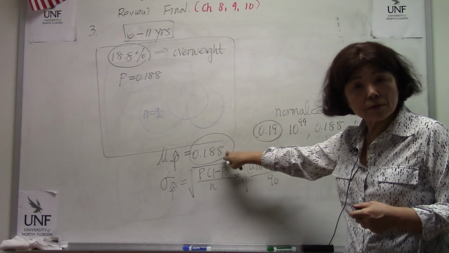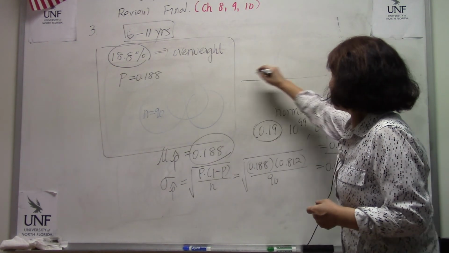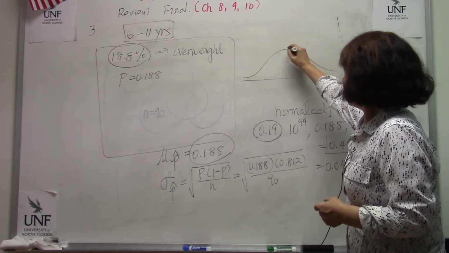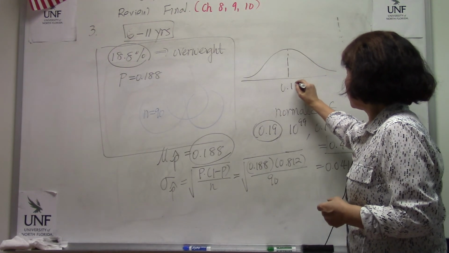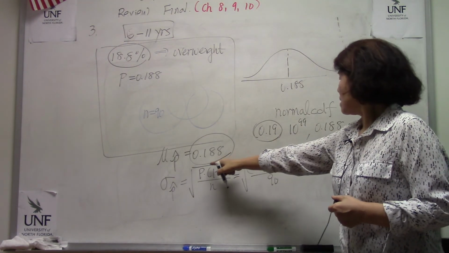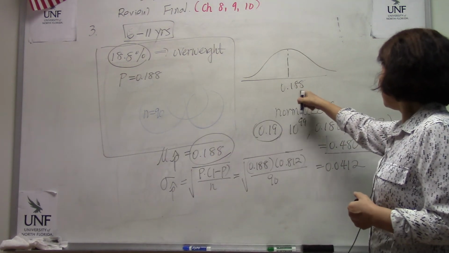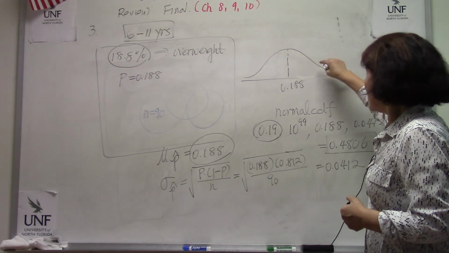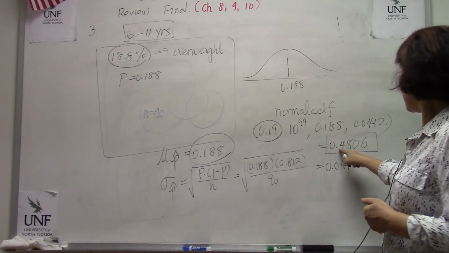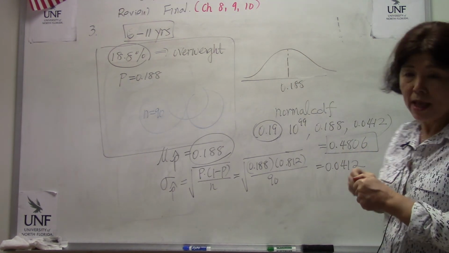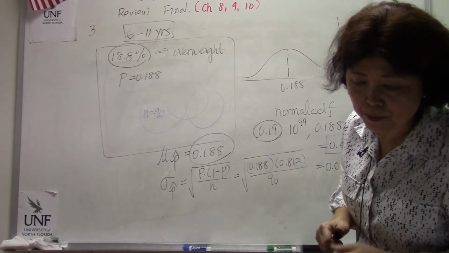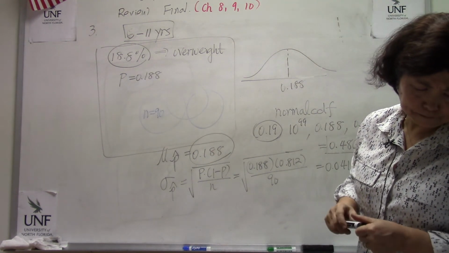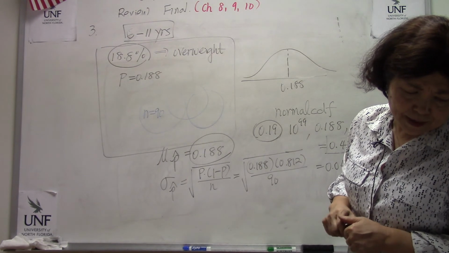It's very close. As you see in the normal distribution, right in the middle is mu, so very close to 0.19. So this portion is very close to 0.5. In fact, it is 0.4806, roughly 48%.